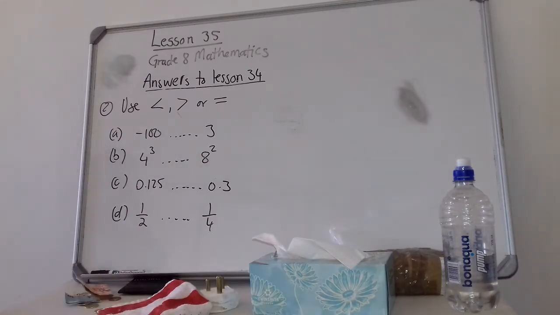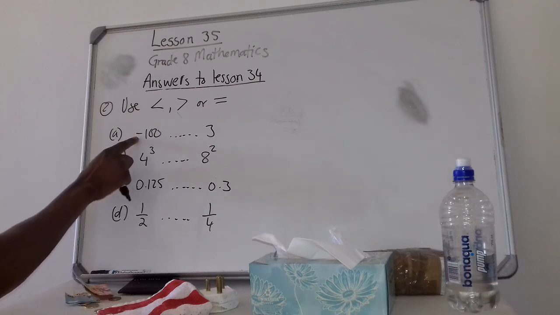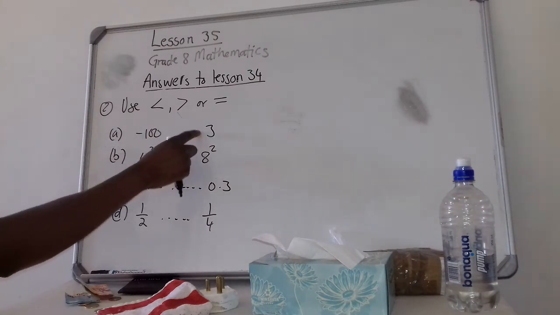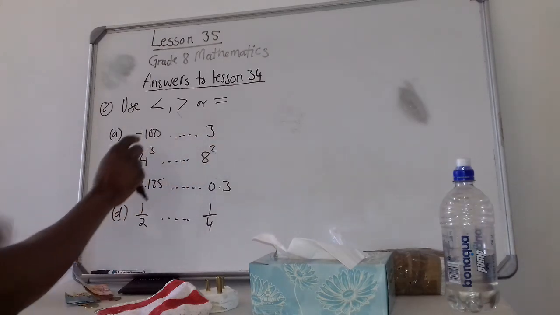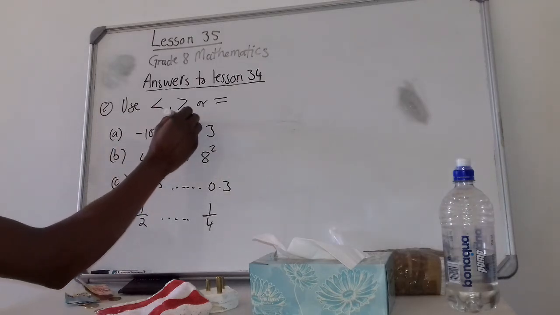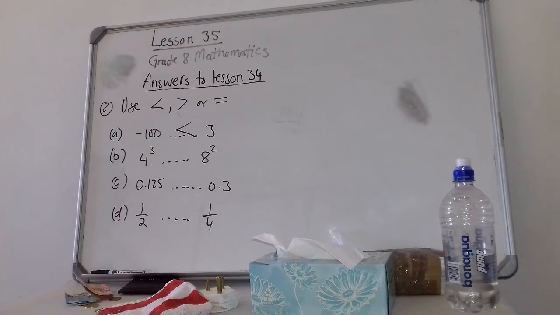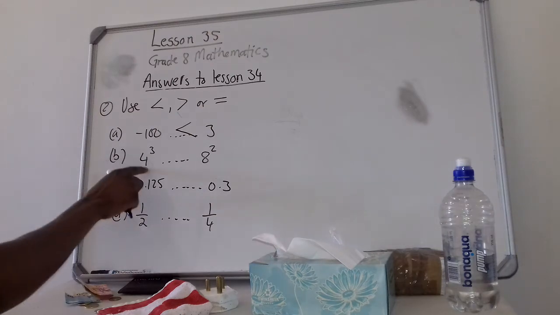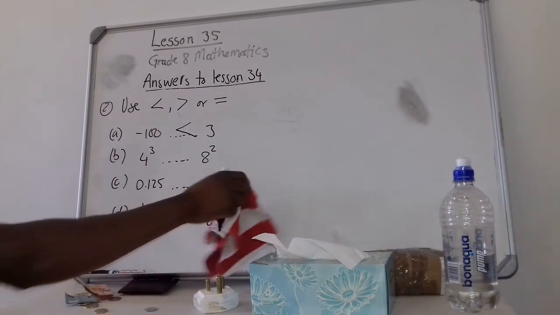The first one is very easy because we know that a negative number is always smaller than a positive number. Although 100 is a big number, the fact that it is negative means positive 3 is bigger than negative 100.